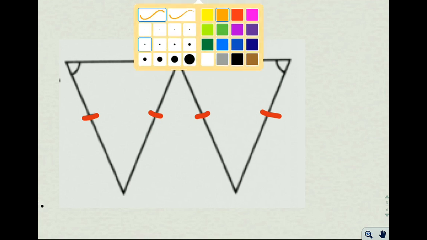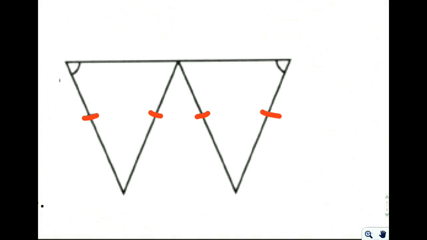If you do happen to remember our isosceles triangle theorem, which says if we have two equal sides, then we also have two equal base angles, meaning that this is going to be equal to this. And same thing over here, two equal sides is going to give us two equal base angles. Since all these base angles and sides are the same, now you could say I have angle, angle, side, AAS.